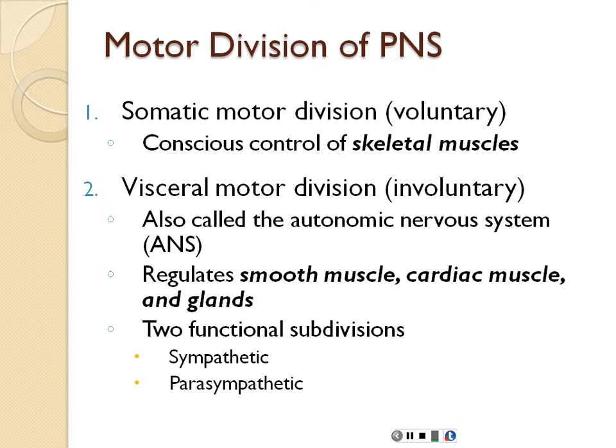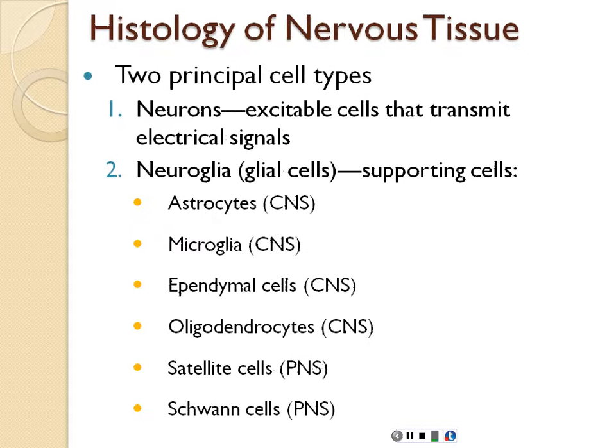Did any of you have A&P in high school? Anatomy and physiology. Okay. Yeah. So some students have seen this before, but again, we'll go over it in a few weeks.